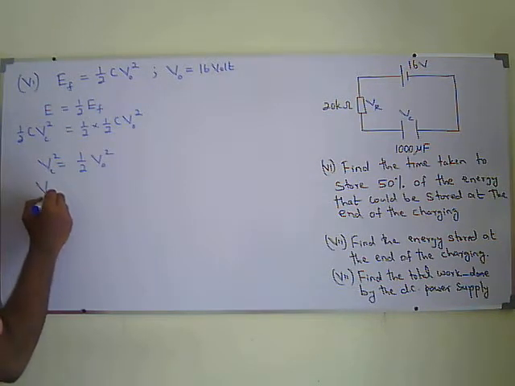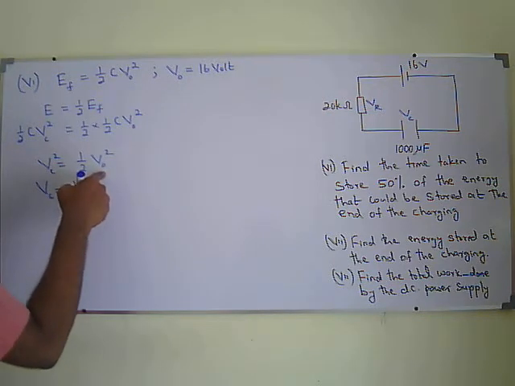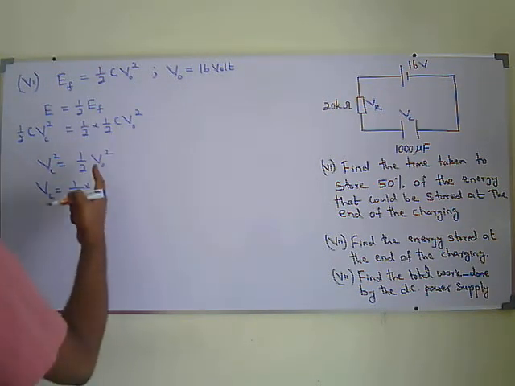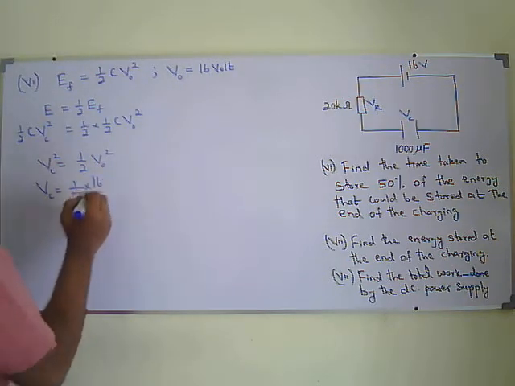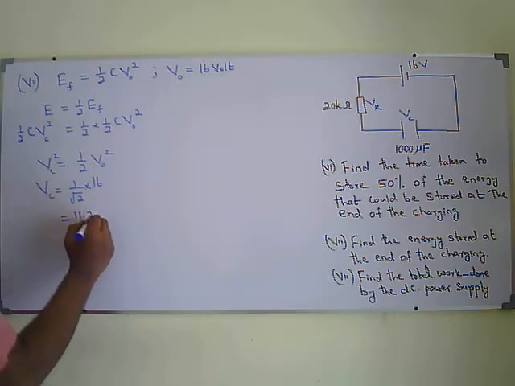So Vc is going to be 1 over square root of 2 times V naught. V naught is 16. So 16 over square root of 2 will be the voltage across the capacitor at that time, and that will be 11.3 volt.